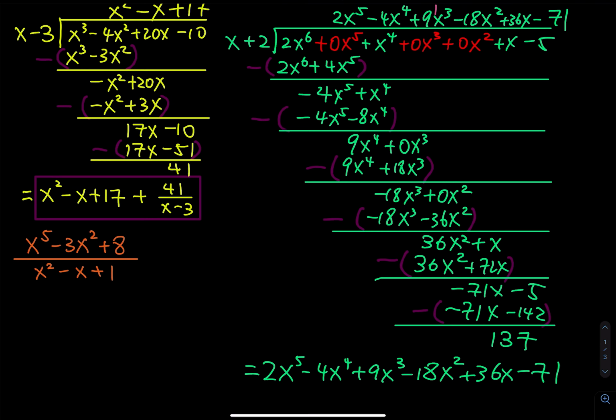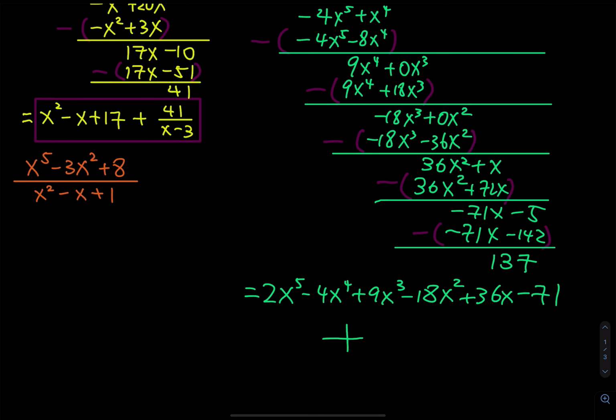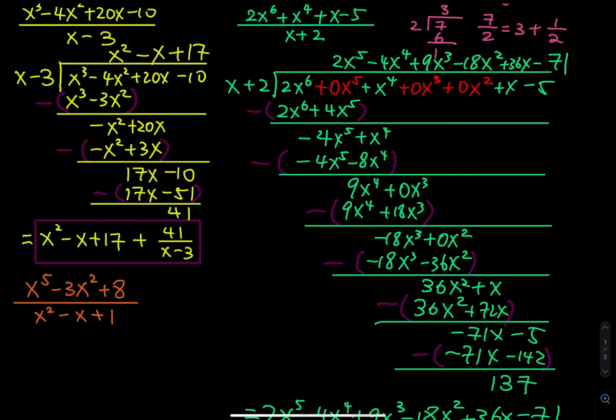Did I copy everything right? Minus, plus 9, minus 18, 36x, minus 71. And then you plus the remainder divided by the divisor, which is x plus 2.